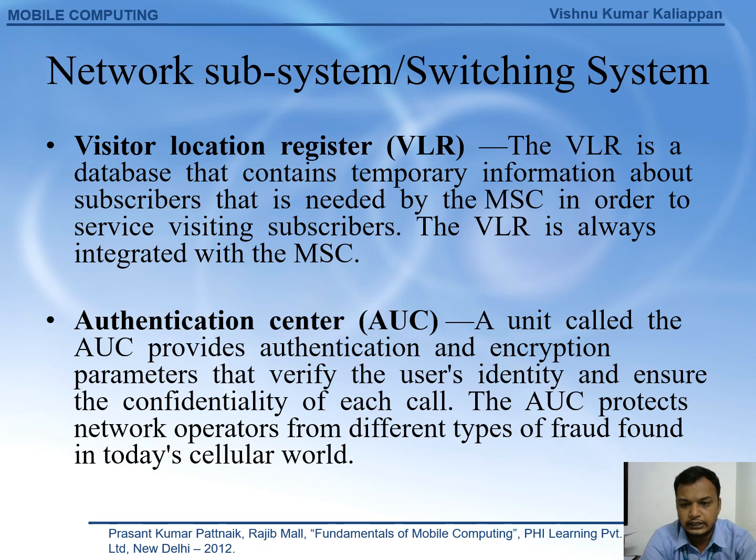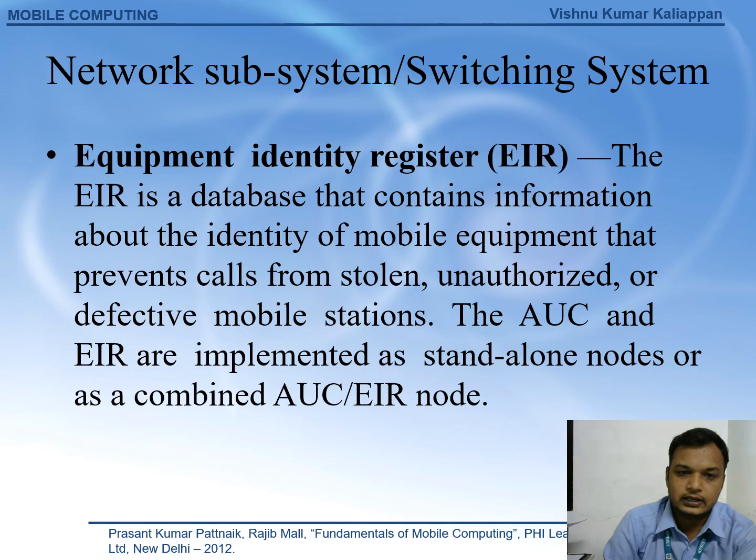Authentication center: we know there is a unit called the authentication center, the AUC, that provides the authentication and encryption parameters that verify the user's identity and ensure the confidentiality of each SIM. The AUC protects the network operator from different types of fraud found in today's world.